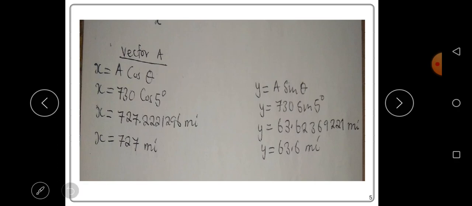A is the magnitude of A, which is 730 miles. Theta is the angle, the direction, in this case 5 degrees. When you punch this on a calculator, you find that the x component is 727.2221296 miles. So therefore, the x component of vector A is 727.